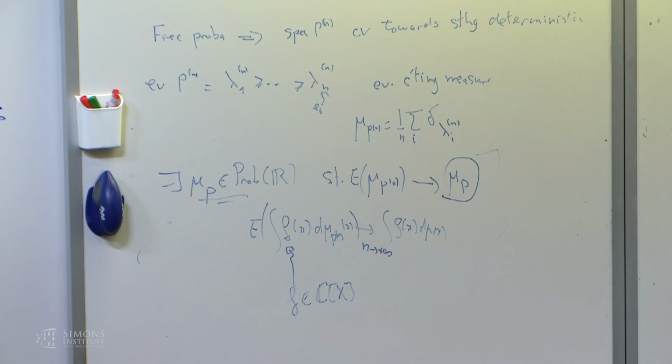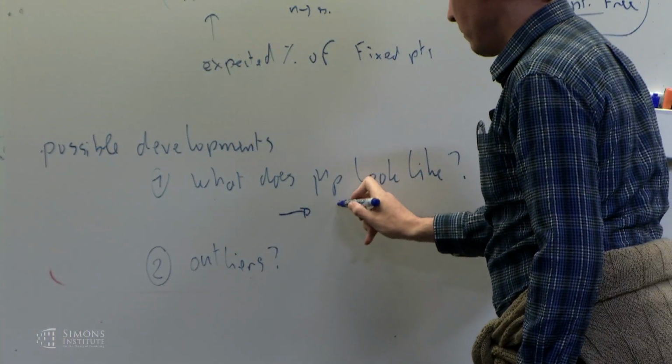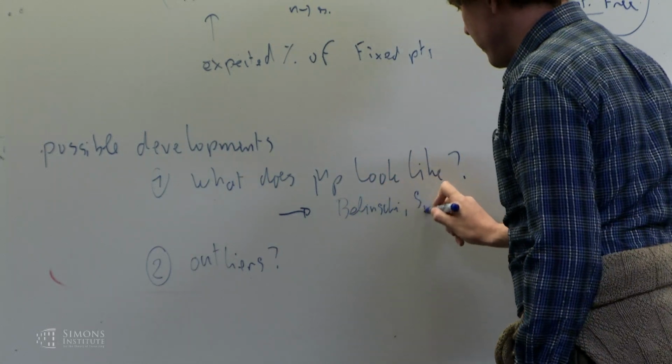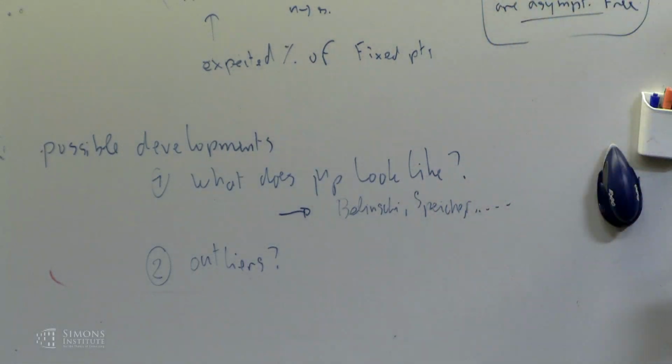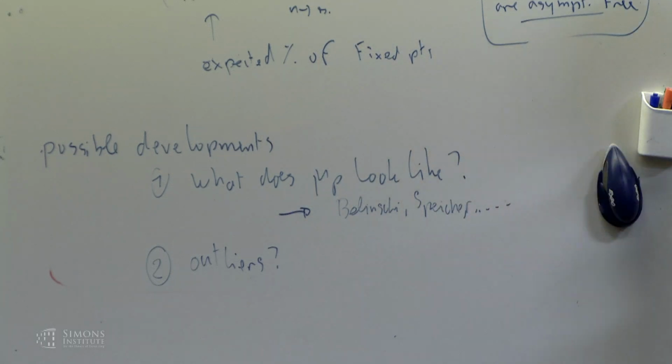And nowadays there are very general algorithms for computing mu p, which have been developed by many people, including Belinschi, Speicher, and many others. So in principle, if you give these guys your favorite polynomial, they can put it in a computer and tell you what mu p will look like.